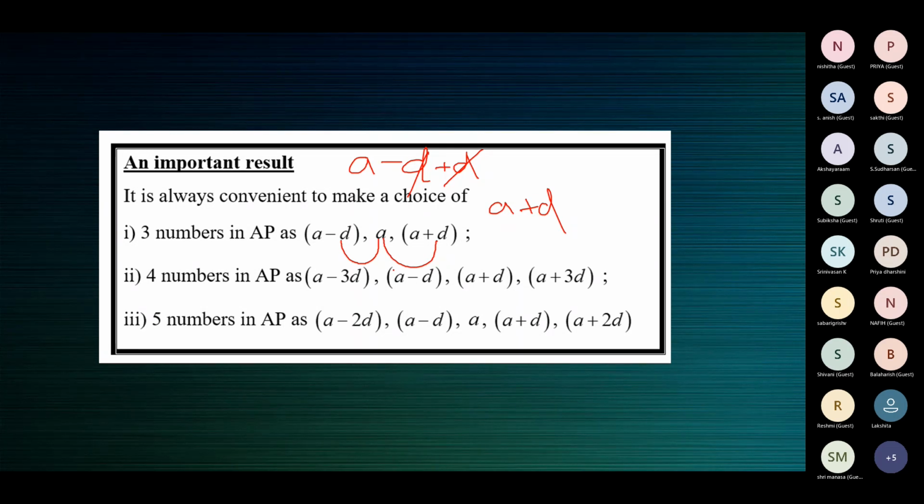Anything can be the first term, children. See, what is the definition, or how do we understand the term arithmetic progression? A sequence of numbers is said to be in AP if the difference between any term and its preceding term is a constant. That's all.